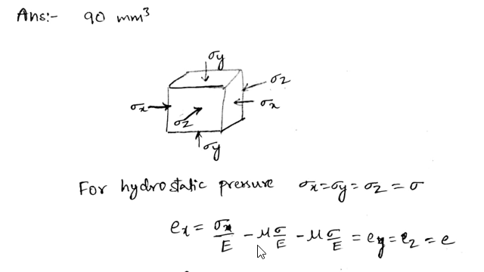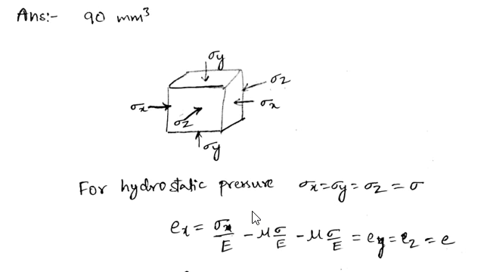So that's why we have written it here. Anyway this is compressive, but we are taking positive. Finally we will express it as compressive, a reduction in the volume, whichever sign we take.